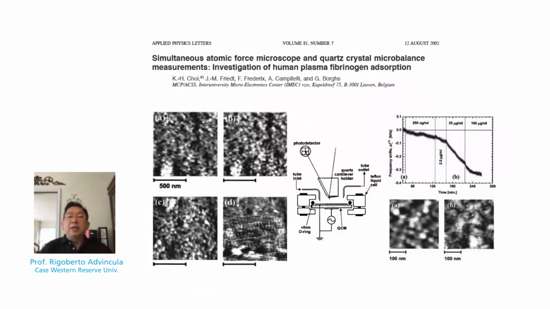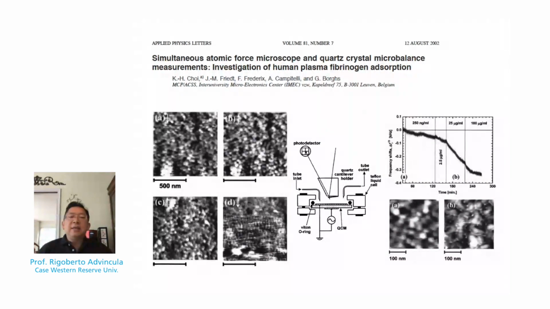So what you have here is again a time x-axis, and the observed frequency shift is on the y-axis. Since you're depositing the human plasma fibrinogen at a specific concentration and temperature, you'll see a decrease in frequency, or deposition of the protein over time.